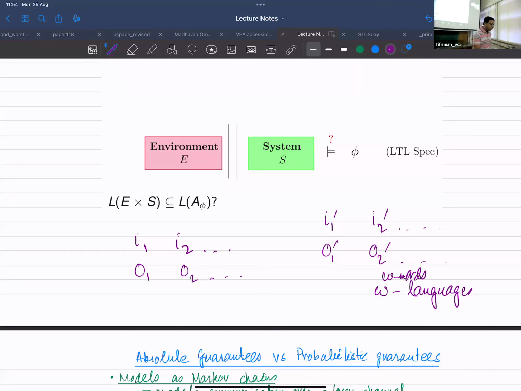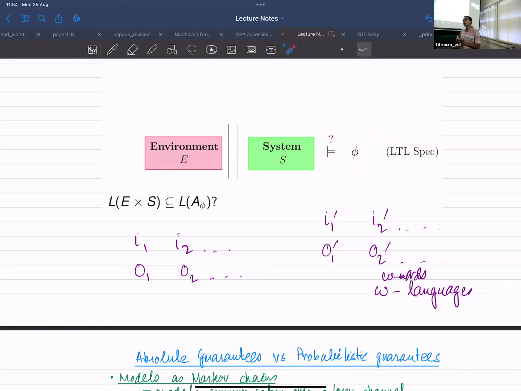And then as I was saying, we have this specification, phi, and I call this a particular kind of logic with which I'm going to describe this specification. It's called LTL, linear temporal logic, which we'll see. So often the specification is given in terms of such logical specifications.